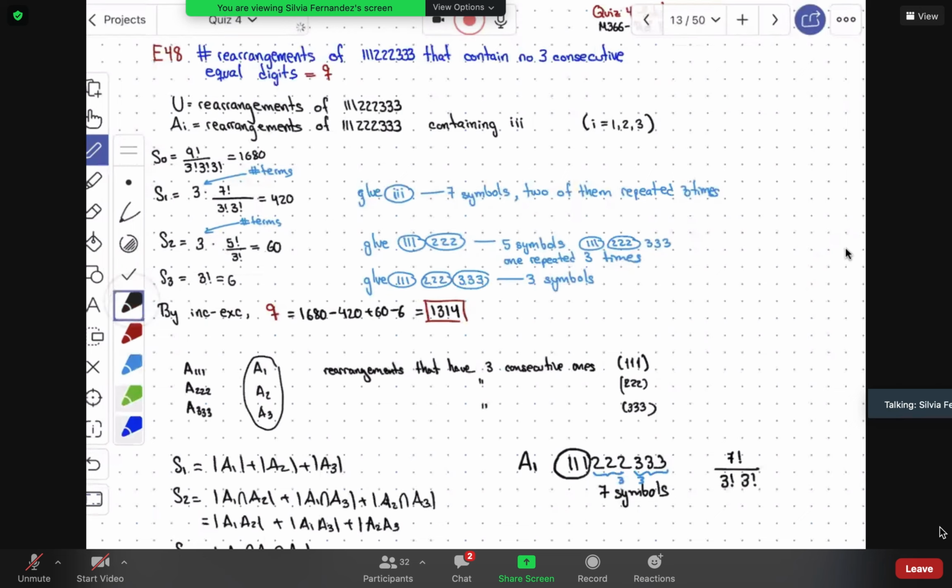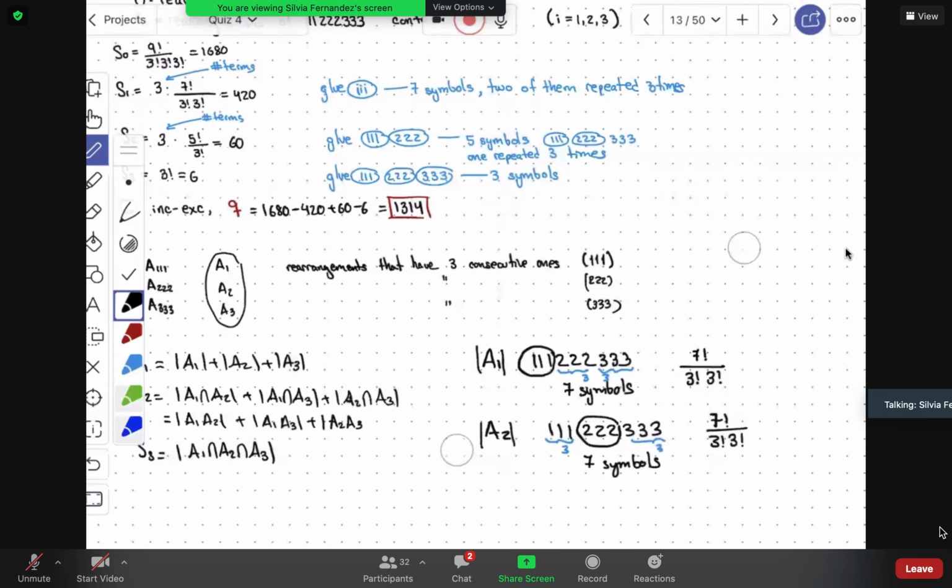But the count will be the same if I do the cardinality of A2. Now I have 1, 1, 1, 2, 2, 2, 3, 3, 3, but now I glued the 2s. But I still have 7 symbols, and I still have 2 symbols that repeat 3 times, right? So the counting is going to be the same, 7 factorial over 3 factorial times 3 factorial, even though I'm counting the number of elements in a different set.